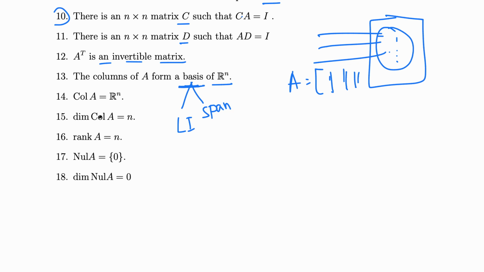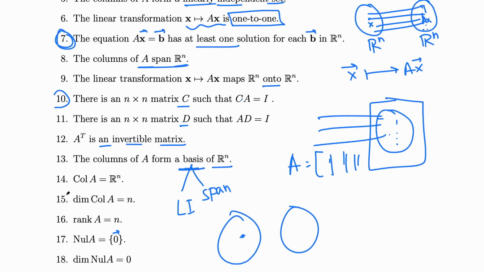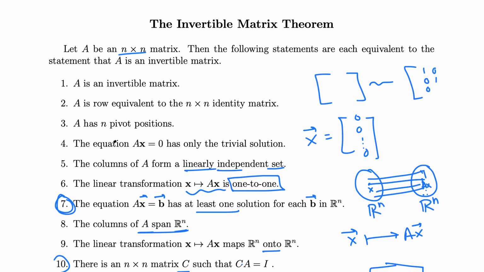Okay, we'll see that in the next section. Rank of A is n, and the null space of A will be just a single element, 0. The dimension of the null space is 0. So these 18 statements are equivalent to each other.